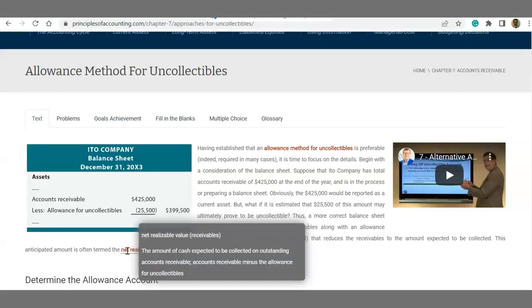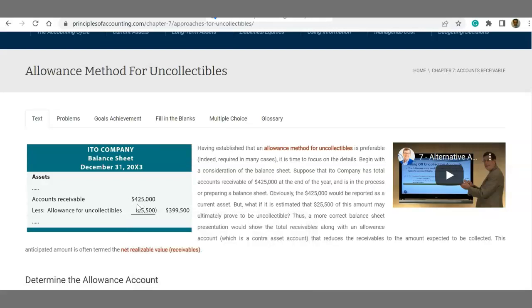This is net realizable value of accounts receivable. That's the amount of cash expected to be collected on outstanding accounts receivable, less allowance for uncollectible accounts. So 425 minus 25 gives you 399.5, net realizable value or net accounts receivable.